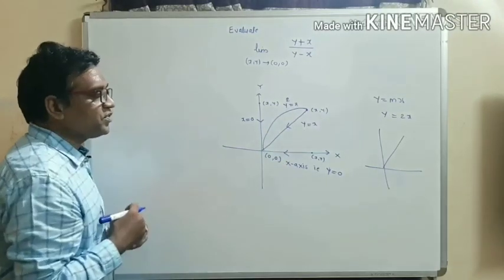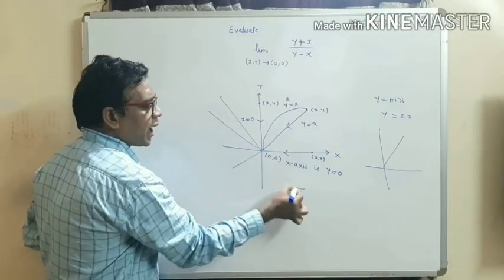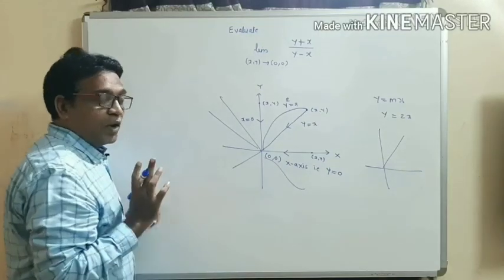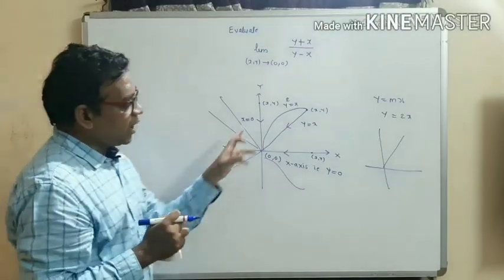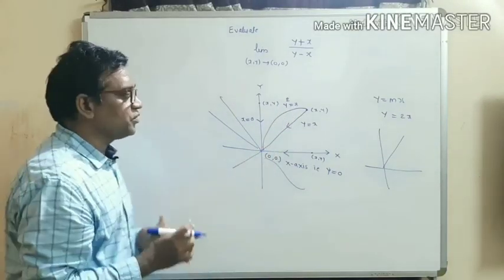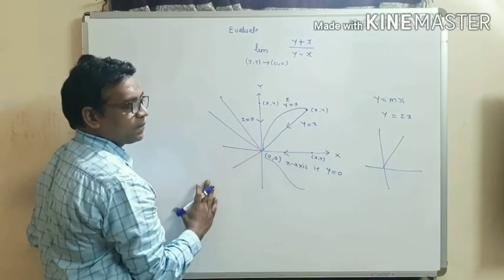So what is our observation? There are infinitely many paths which approach the origin. First of all, note this: we have to use only those paths which pass through the origin.